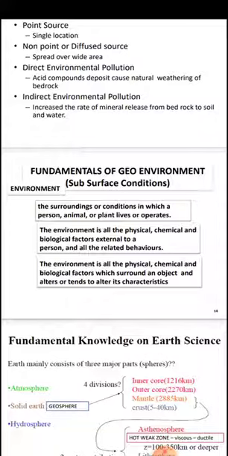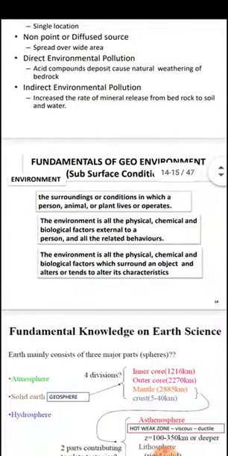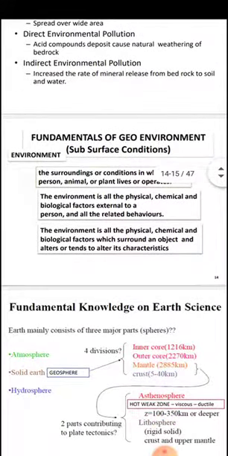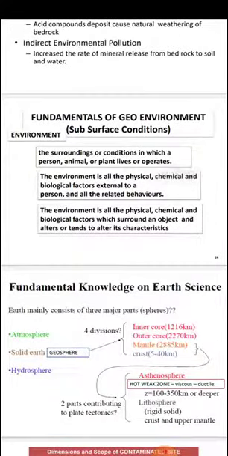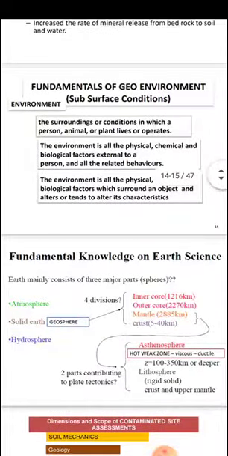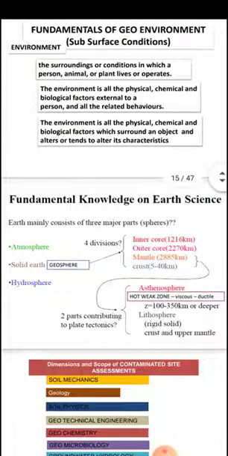It is again the surroundings or conditions in which the person or plant lives or operates. All physical, chemical, and biological factors external to a person, all the related behaviors. The environment is all physical, chemical, and biological factors which surround an object and tends to alter its characteristics.